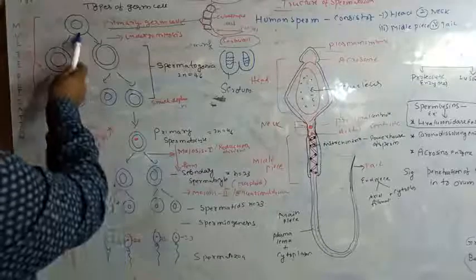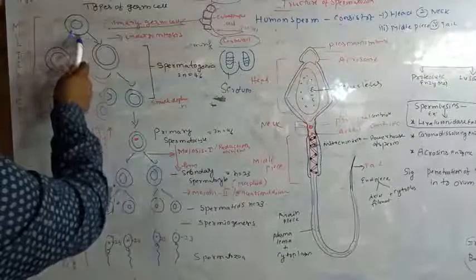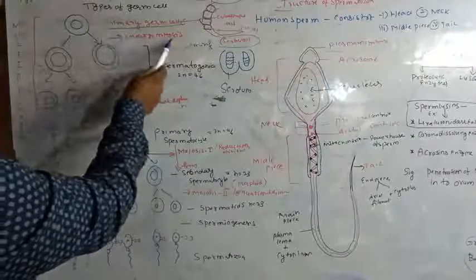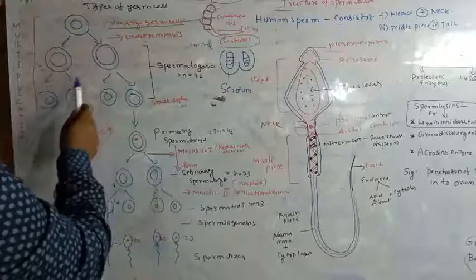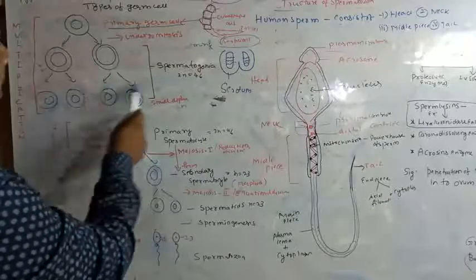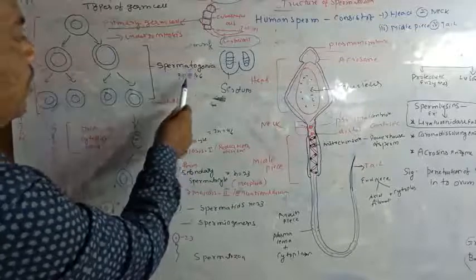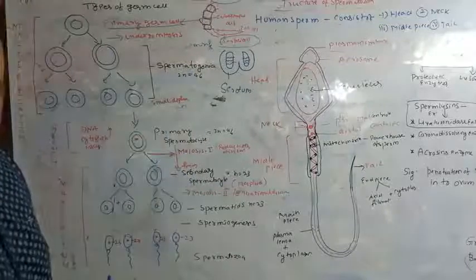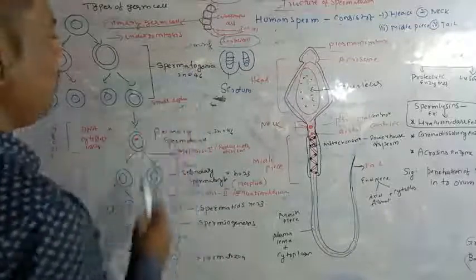You can see here beta, this is the primary germ cell. It undergoes mitosis and produces small diploid cells known as spermatogonia. What is their nature? Diploid nature, 2n equals 46.